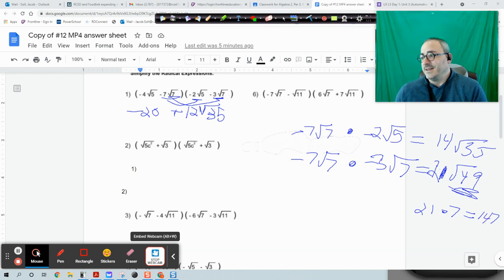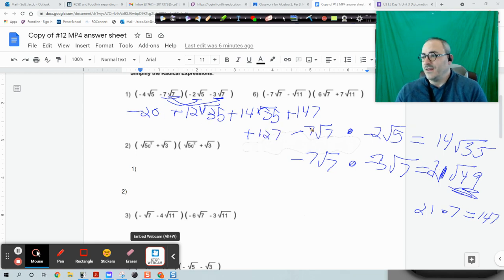That hurts my brain. Okay, so I got plus 14 radical 35. I'm really regretting bringing up the board. I'm just going to have to do it in one line from now on. Plus 147. And then I combine what I can combine, right? I can take these two and combine them to be positive 127, right?